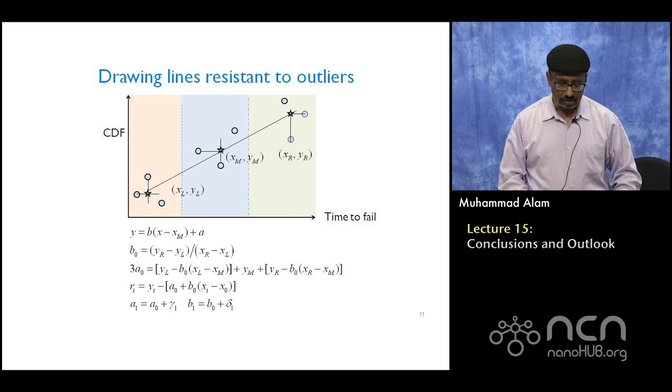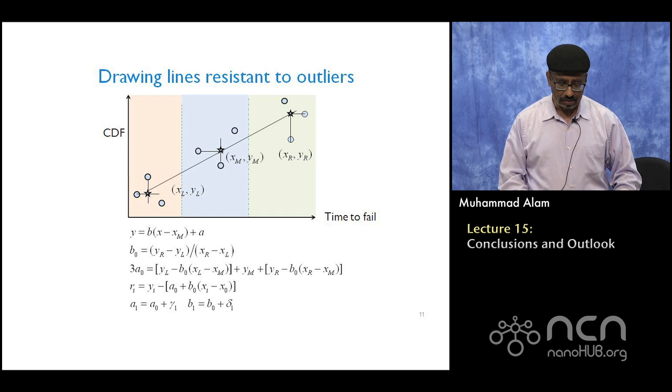But this is dangerous because let's say one of the data points is accidentally somewhere here because we made a mistake in measuring it. As soon as you do that, the single mistake will completely rotate the straight line in a different direction. Dangerous because you are allowing a single mistake to bias your entire information.